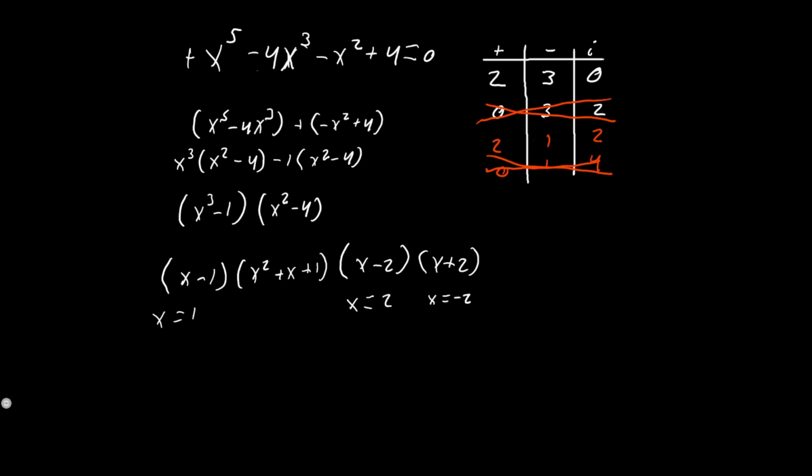And since we have 1 negative solution and 2 positive, that basically leads us to say that our third table is correct.